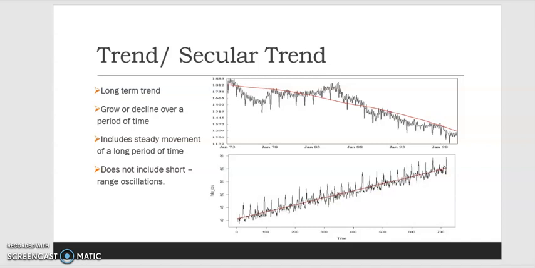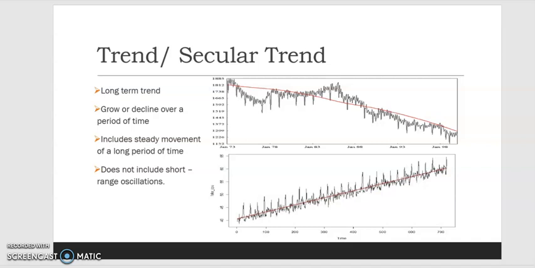The growth or decline over a period of time of the value of the variable under consideration is studied using this trend. Then it includes steady movement over a long period of time. The inward variations within the data are not being focused upon whenever we are studying only trend.